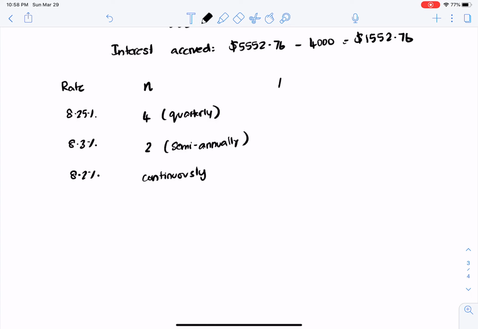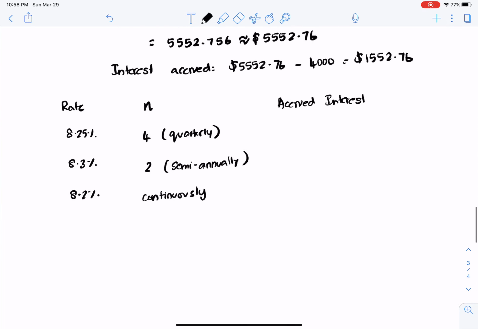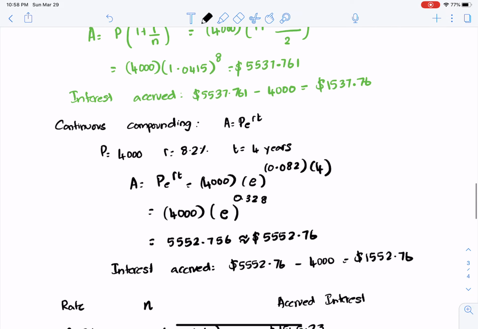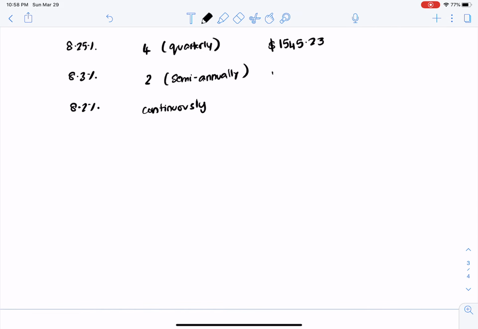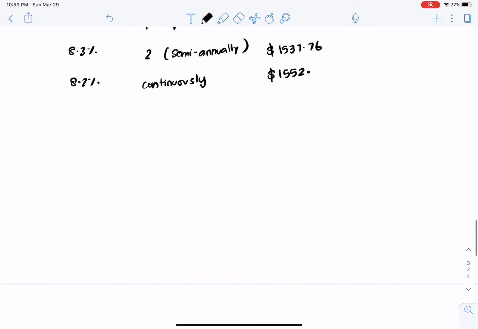And the accrued interest: case 1 was 1,545.23. Case 2, 1,537.76. Last case, 1,552.76.